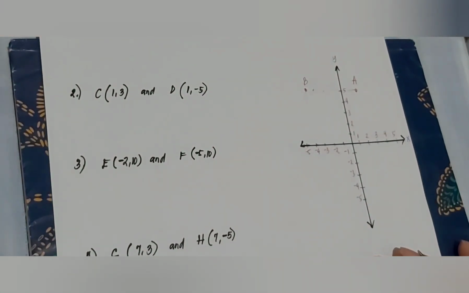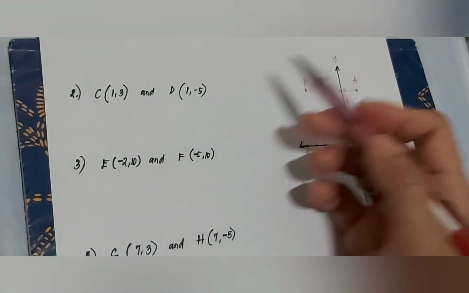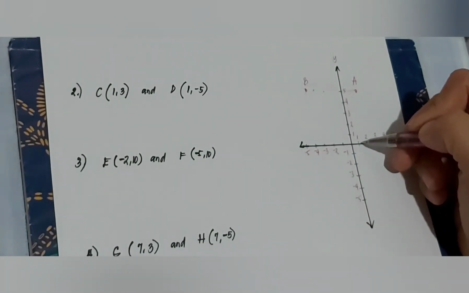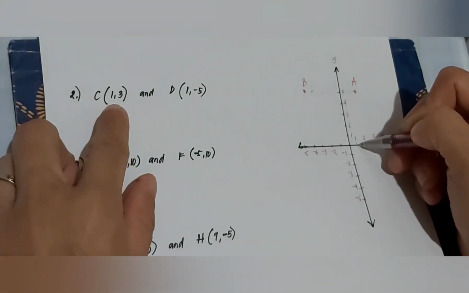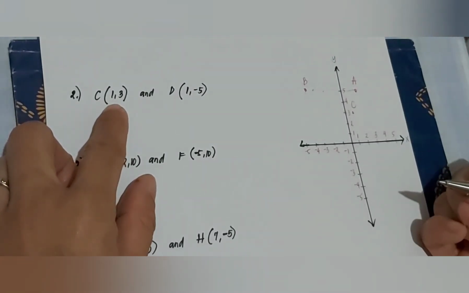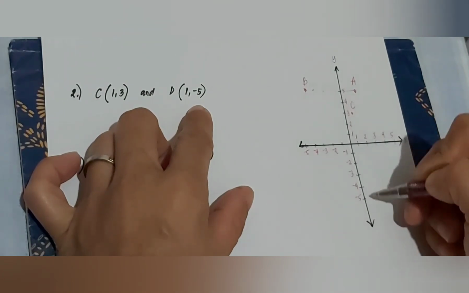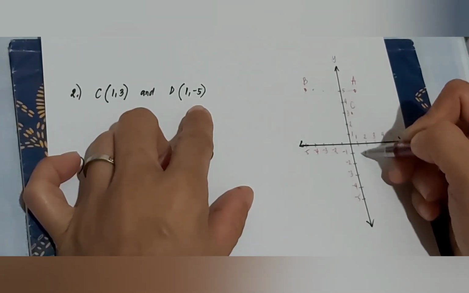Okay, let's move on to number 2. For number 2, we have (1, 3) for point C, (1, -5) for point D. So this is positive 1 and positive 3. So this is point C. And then for point D, we have positive 1 and -5 of y.